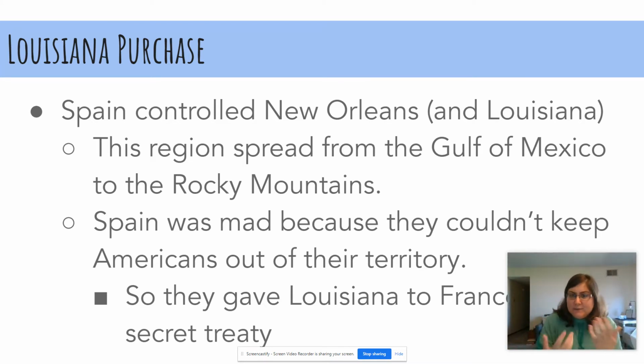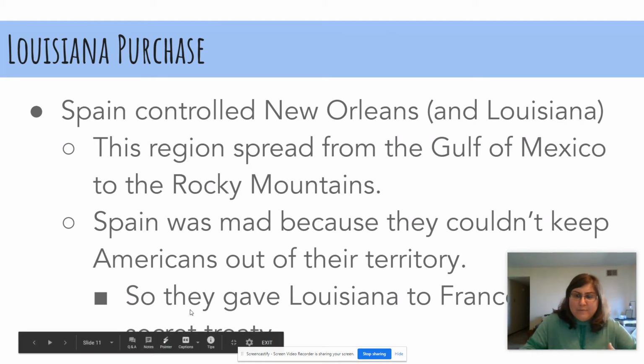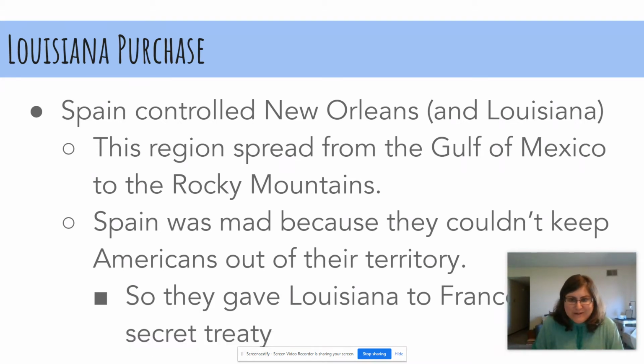But Spain gets really, really frustrated, especially after the American Revolution, because Americans keep trying to move into Spanish territory, and they don't always want to follow the rules, like speaking Spanish and following all of the customs and traditions that people in this territory have. Eventually, it becomes this huge headache for Spain trying to kick Americans out, saying you can't come here illegally, you need to stay in America.